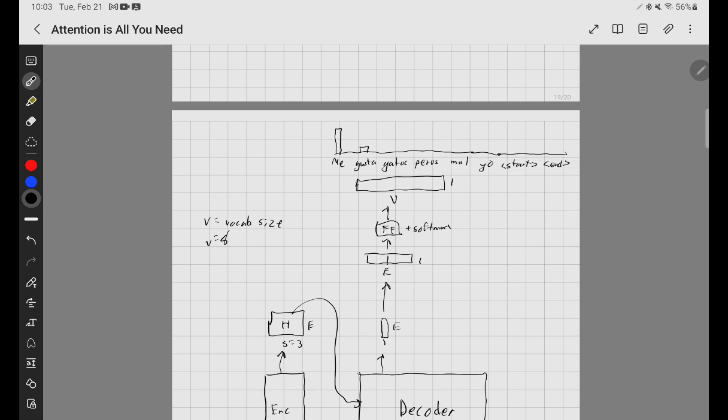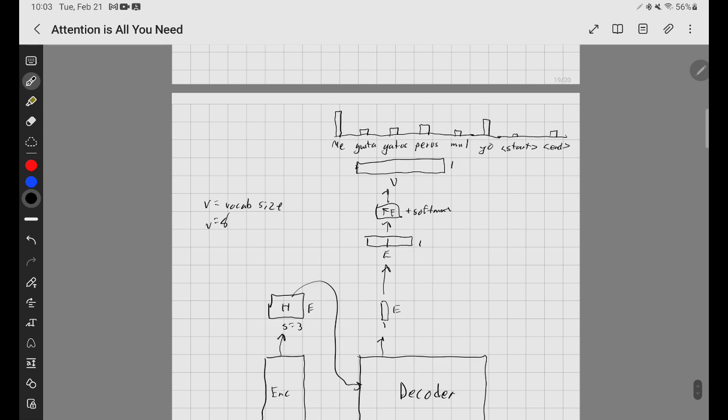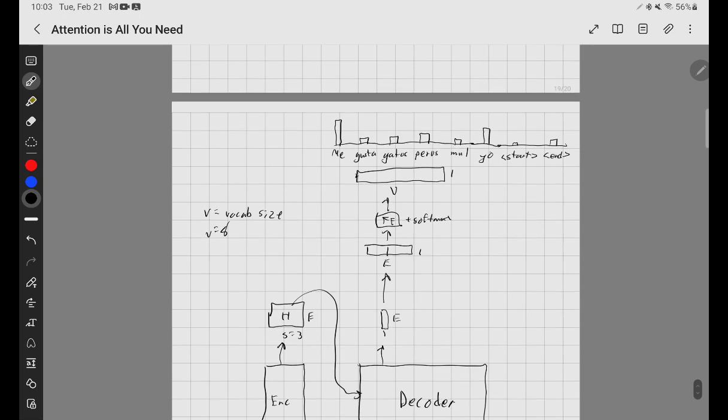Say the distribution looks like this. Maybe a little bit of that, probably none of that, and maybe a little bit of end. So the distribution looks like this, and this is just represented by the vector here. And the distribution represents how likely each word is to be next.